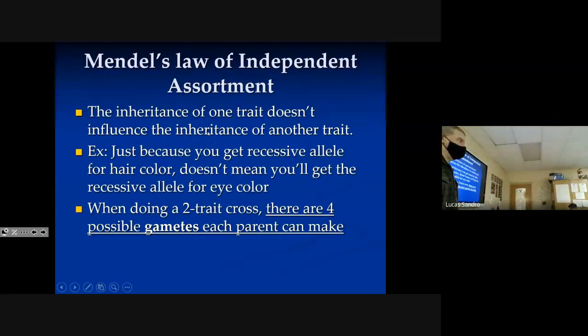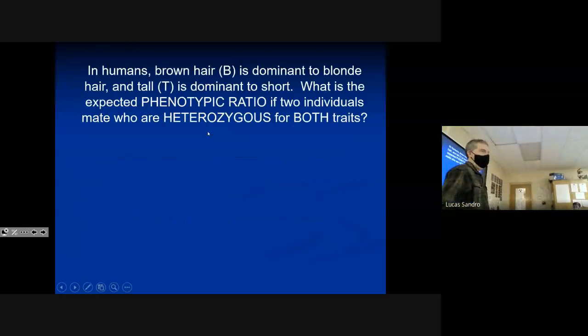Okay, let's see if we can do this. I'm just going to let you kind of fight it out for a minute here. Grab that blank sheet of paper. You don't have to rewrite the problem. I just want to see what you can come up with Punnett square-wise for this problem. In humans, brown hair is dominant to blonde hair, and tall is dominant to short.